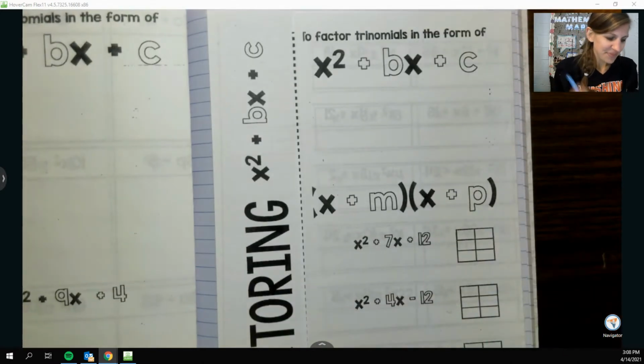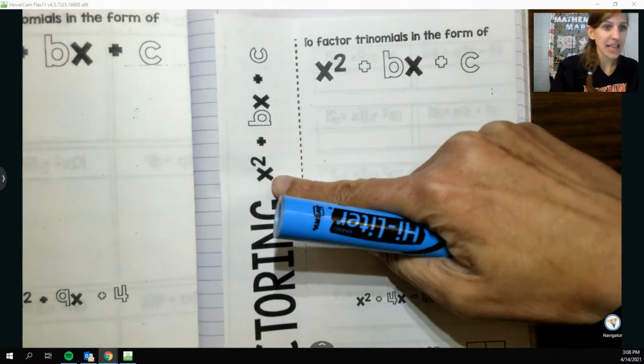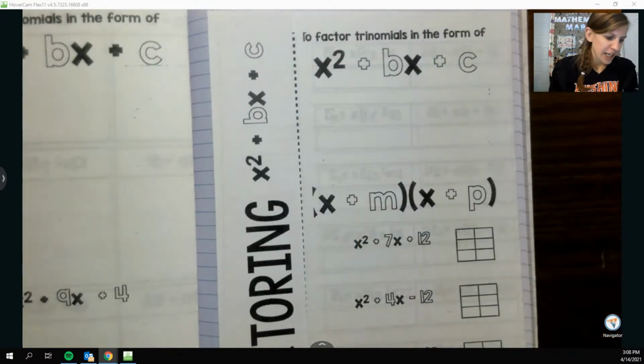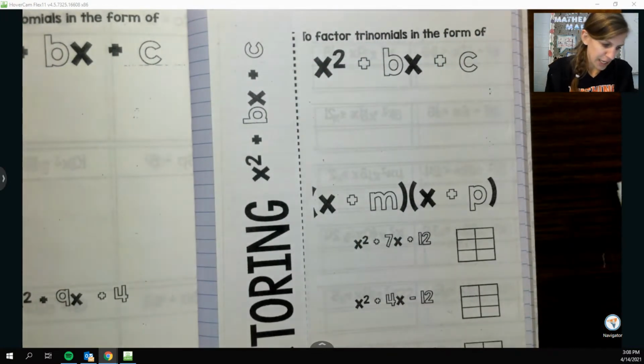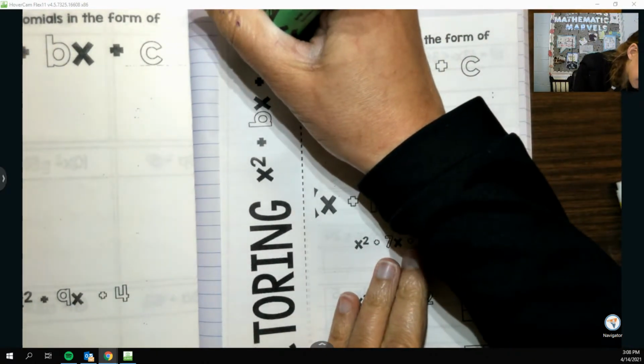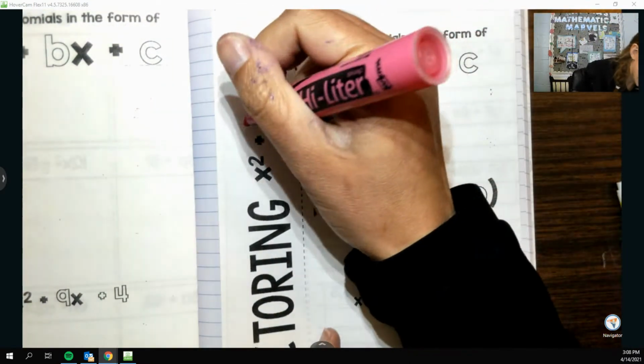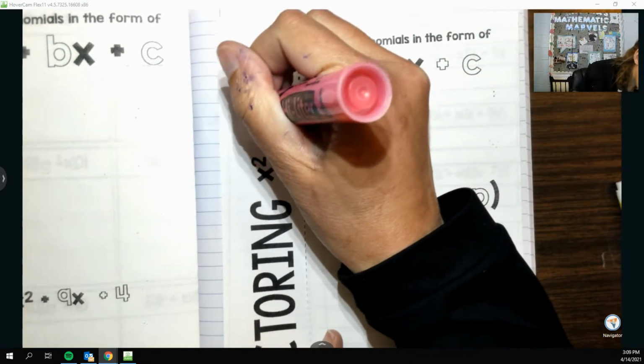Okay. So when we are factoring something that is a trinomial, we are looking for our A, B, and C value. Now in this case, A is 1, and so that's why I didn't put it.